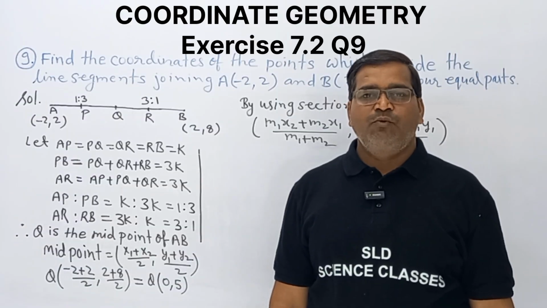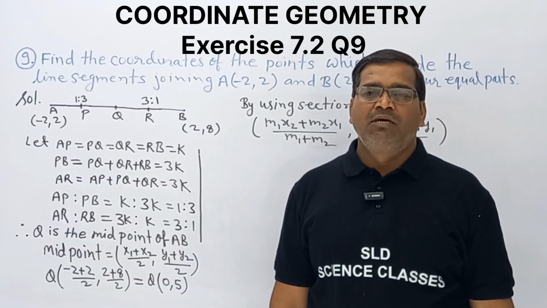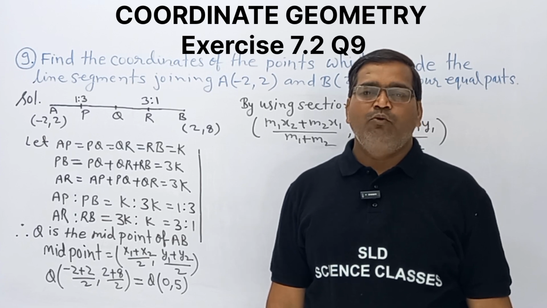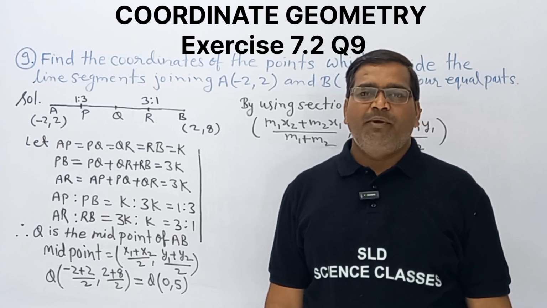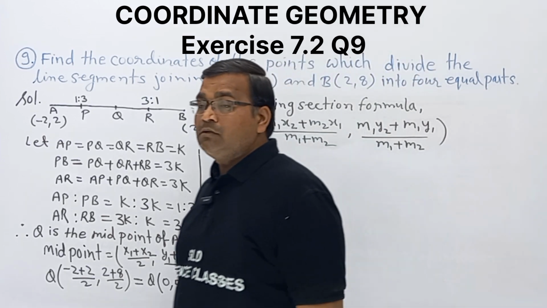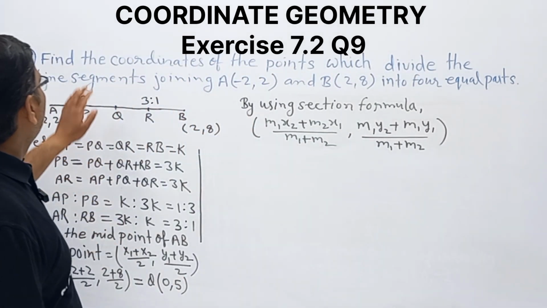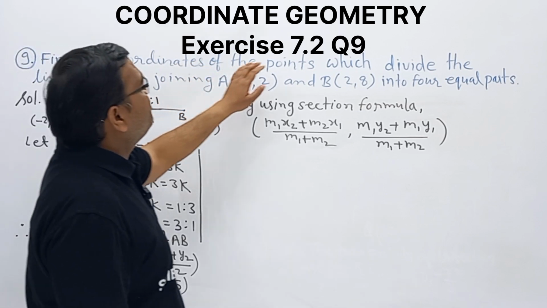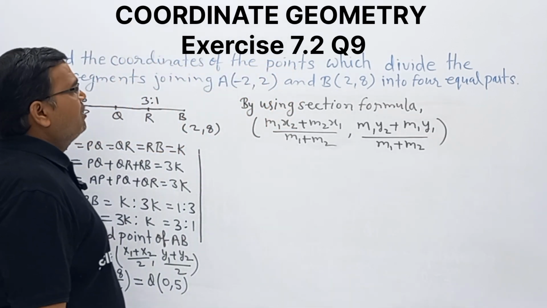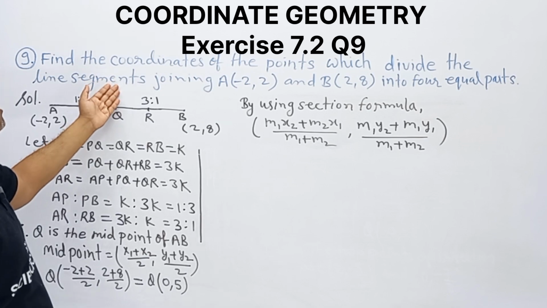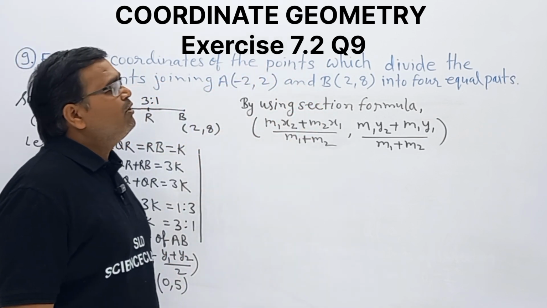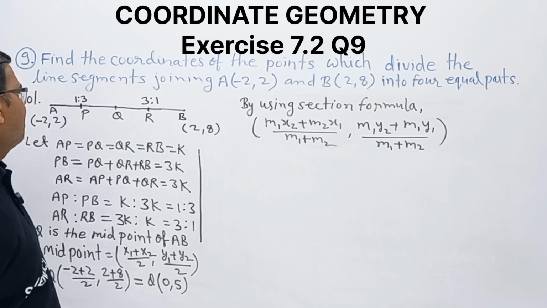In this class, we are going to discuss question number 9, exercise 7.2, coordinate geometry. Find the coordinates of the points which divide the line segment joining A and B into 4 equal parts.